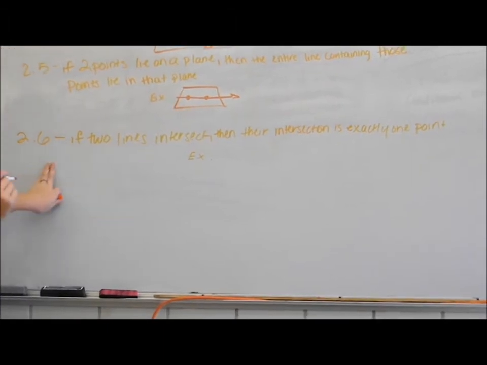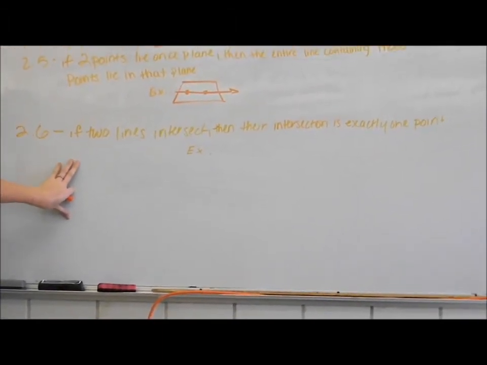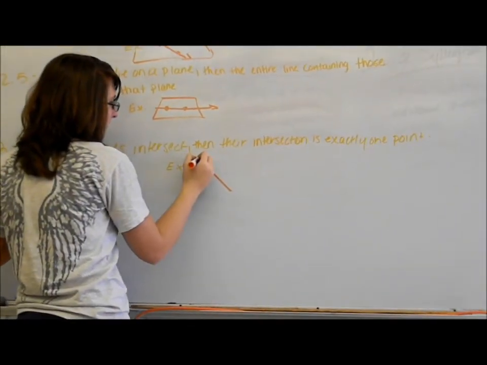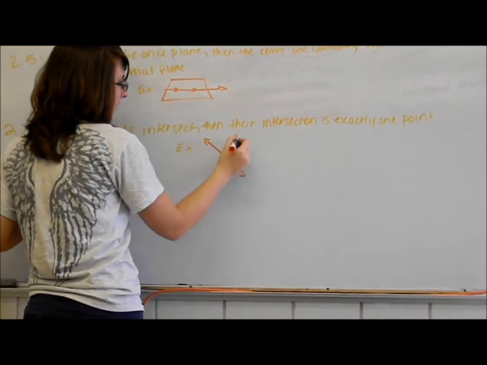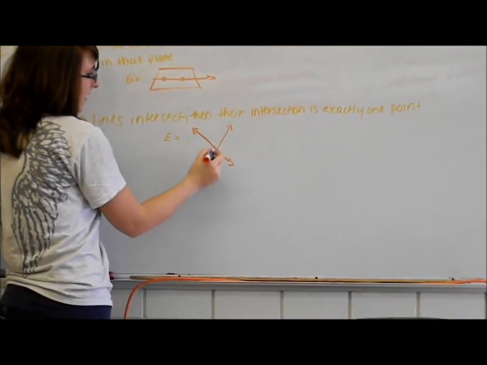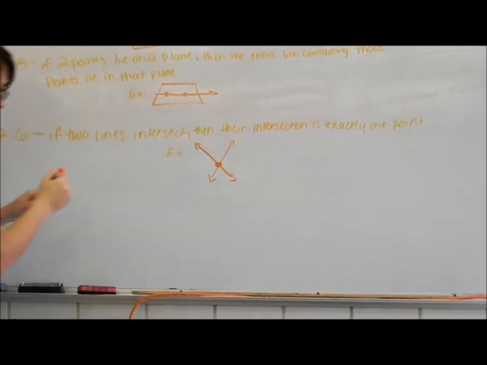And then for 2.6, it says if 2 lines intersect, then their intersection is exactly 1 point. So we have this line, and we have this line. And right exactly where they intersect, you would have a point.